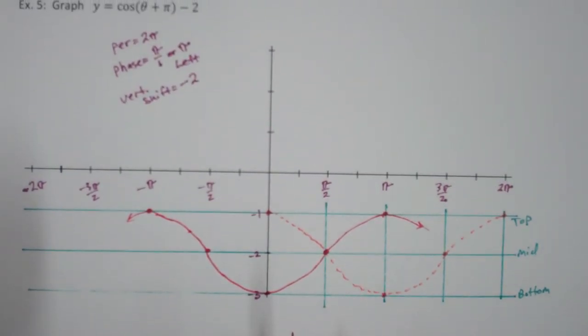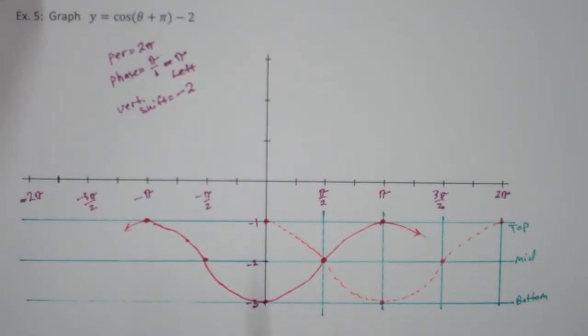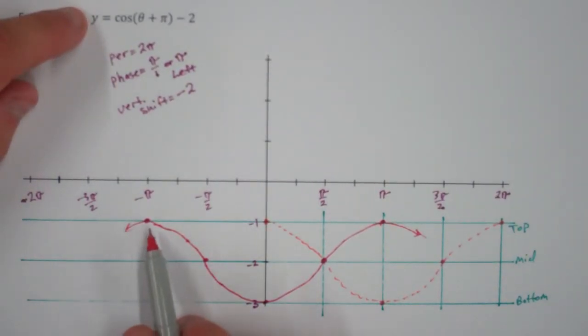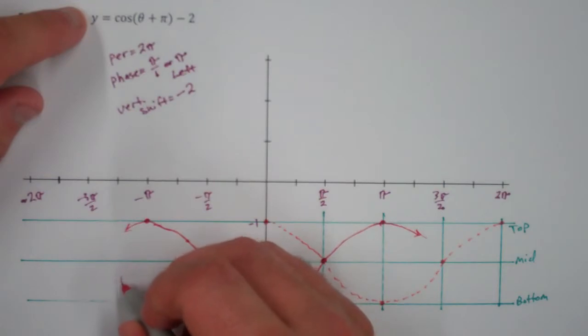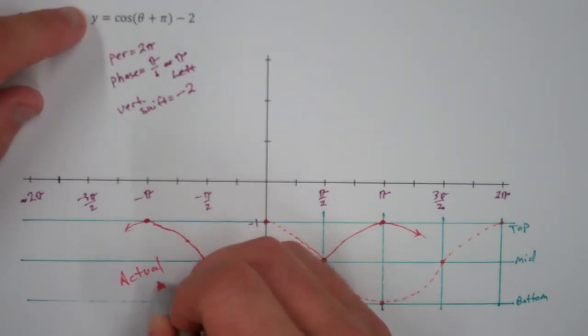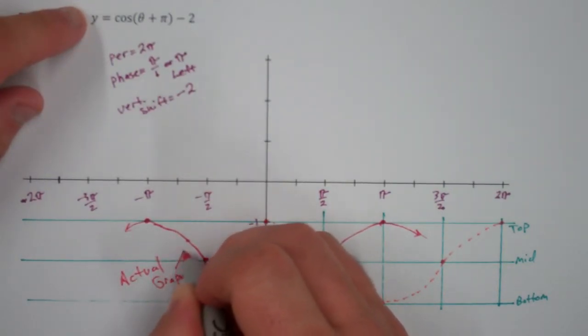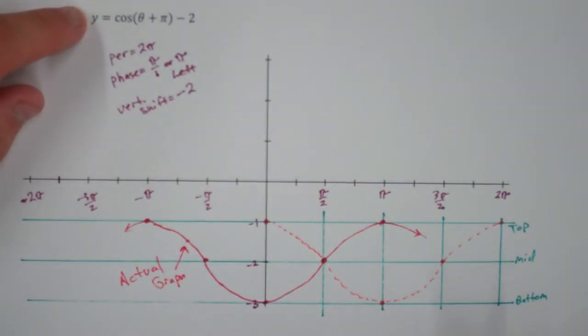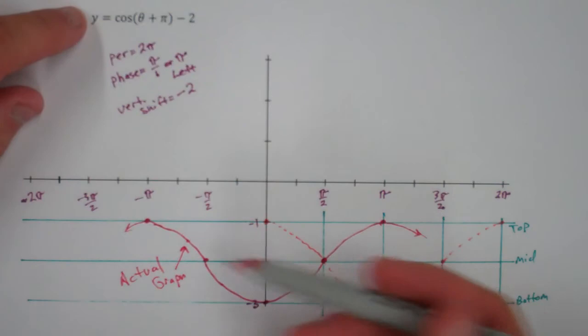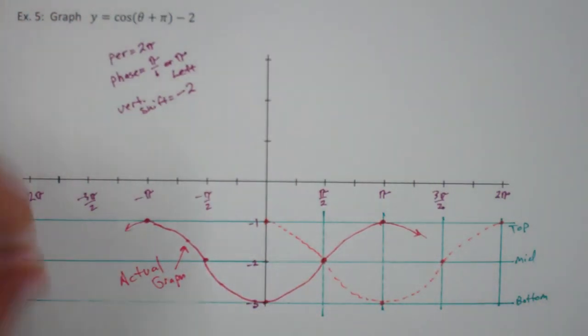So if we look at our equation at the very top here, this equation is graphed in red. This is the actual graph. You can do the phase shift at the same time as the other ones. I just think it makes more sense to graph one period of it so that you can get those basic values down and then shift every single point by whatever the value is.